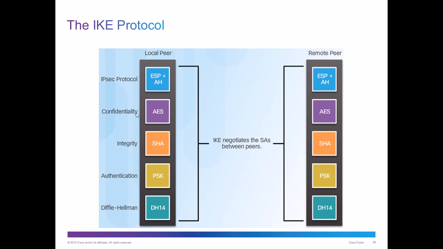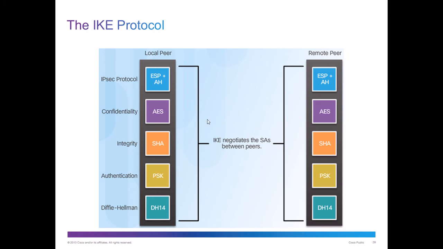So whatever you do on one side, the other side has to agree to exactly the same protocol. If you choose AES as your encryption method to encrypt the payload, the other side has to do exactly the same thing, because you can't encrypt in AES and then have the other side decrypt in triple DES. They would be doing two different things. So whatever you do on one side has to be done on the other side.